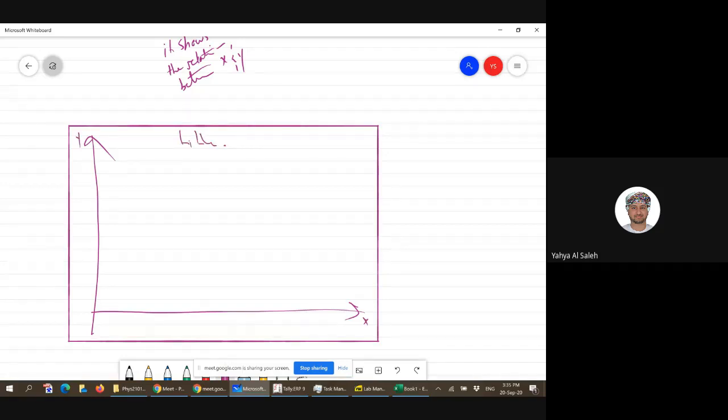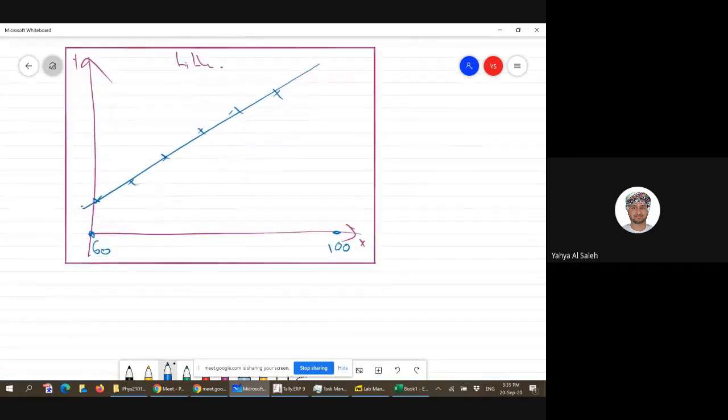And a good graph will be something like this, for example. See, the Y doesn't start from 0. Also, this doesn't have to be 0. So for example, this could start from 60 and this could be 100.